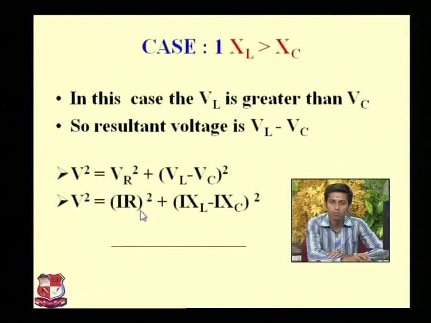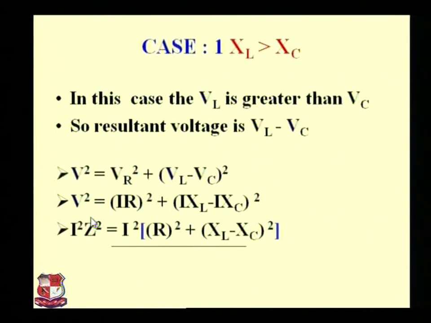Taking I common, I square Z square equals I square times (R square plus (XL minus XC) square).